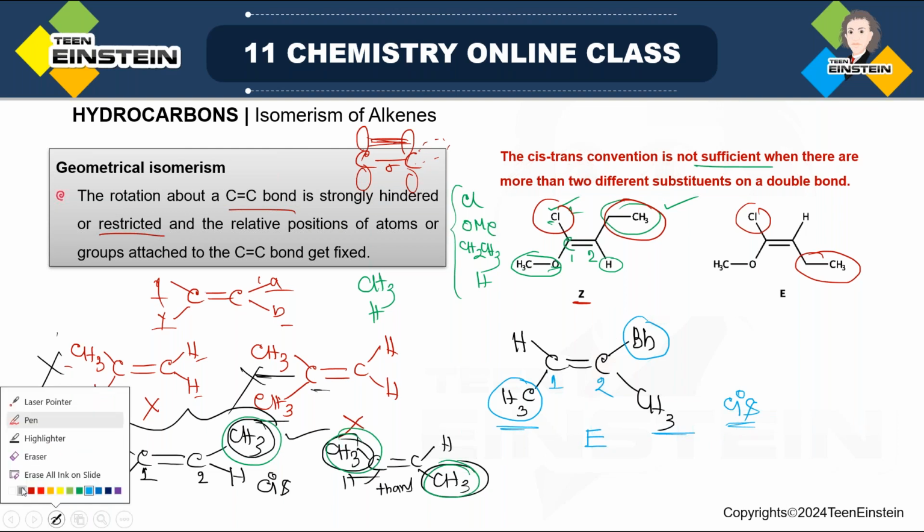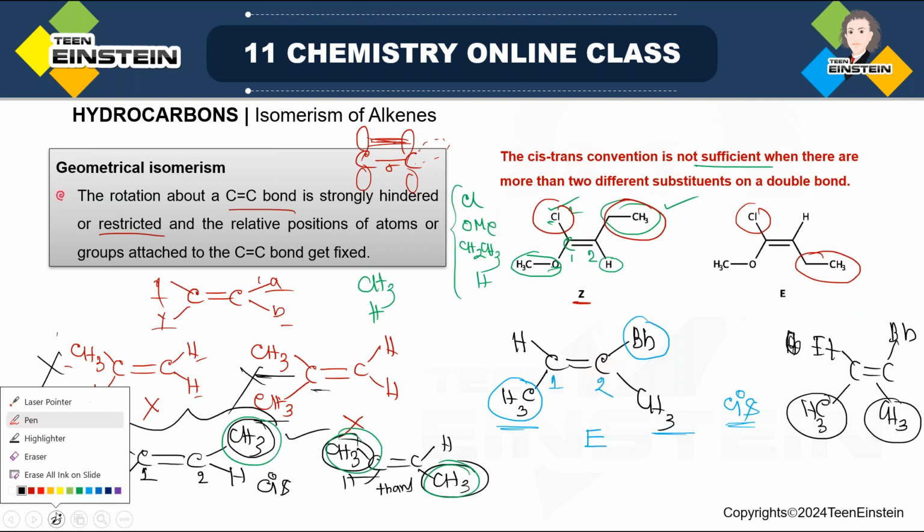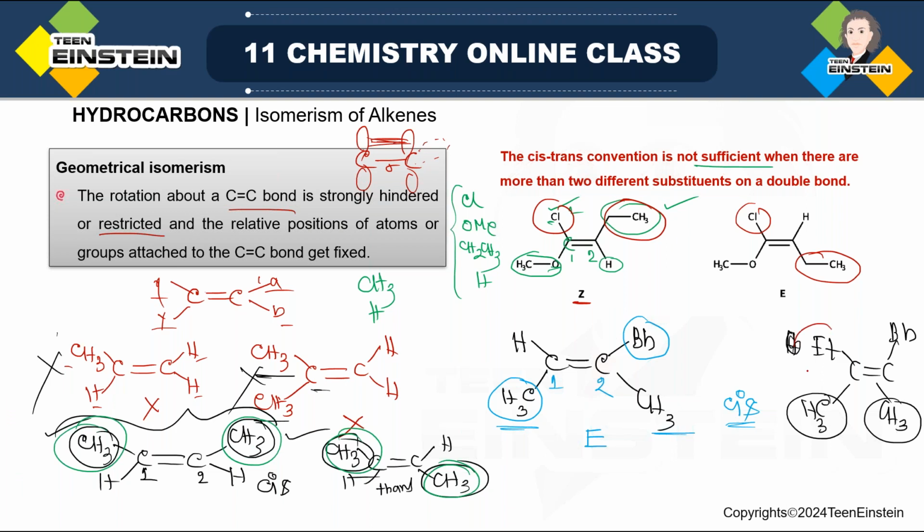Now another example I can show you, where suppose instead of H, now you have an ethyl group here. And the rest of the things I am not changing. Same. Now here again you will be tempted to call it cis. But when you consider E/Z, now this has more priority, this has more priority.